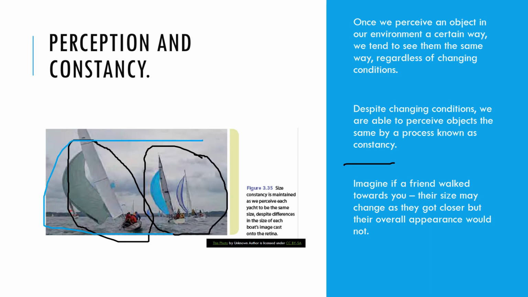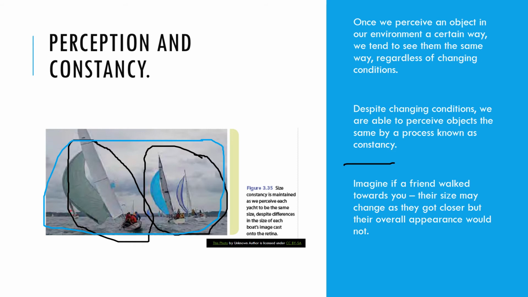It just has to do with how far away they are. So that's size constancy. We're not saying that because a boat's farther away, it must be a smaller sailboat. They're probably the same size; the other two just look smaller because they're further away.